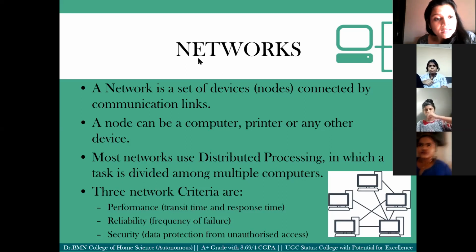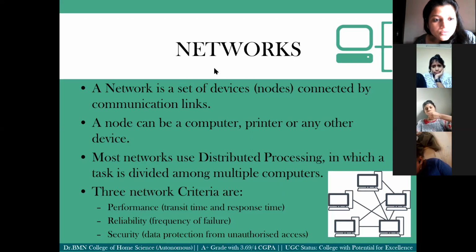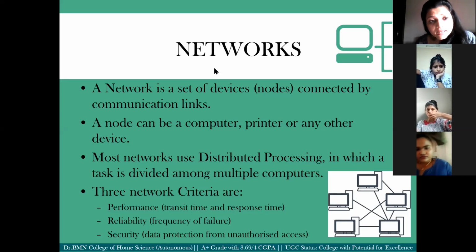Now there are three network criteria. I think I'll better repeat for people who have joined in. So networks, I'll just repeat quickly. Network is nothing but a set of devices which are connected by communication links. These devices are known as nodes, and these devices could be computers, it could be any device.